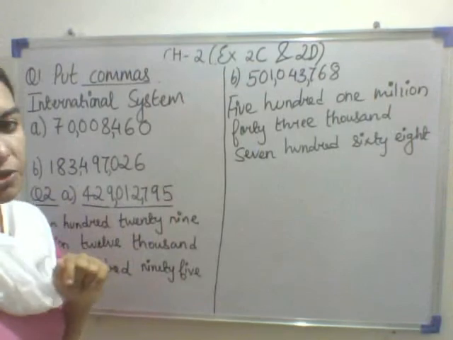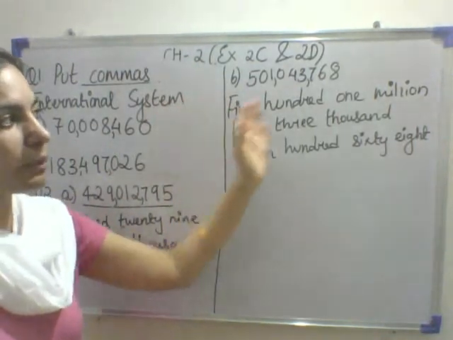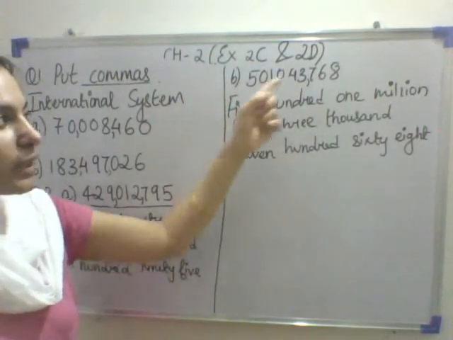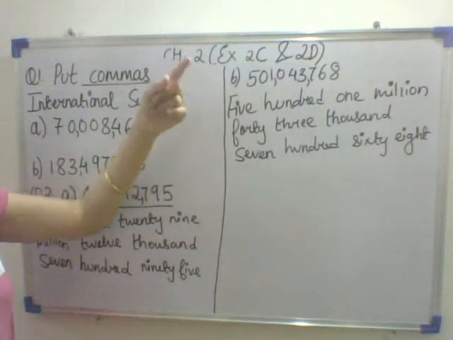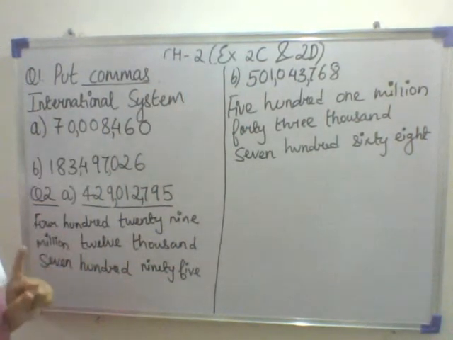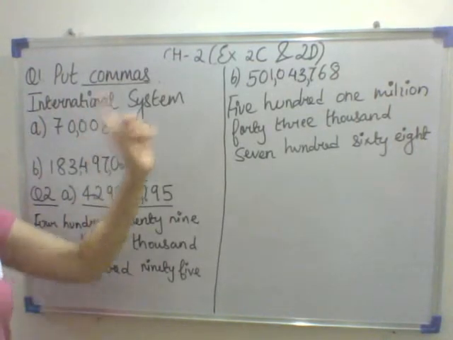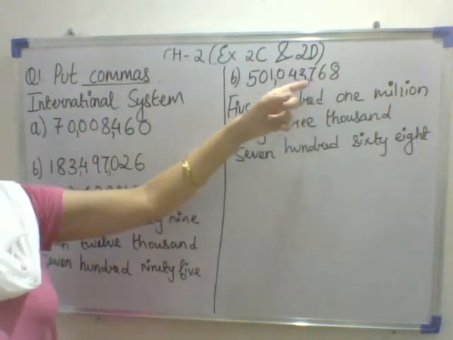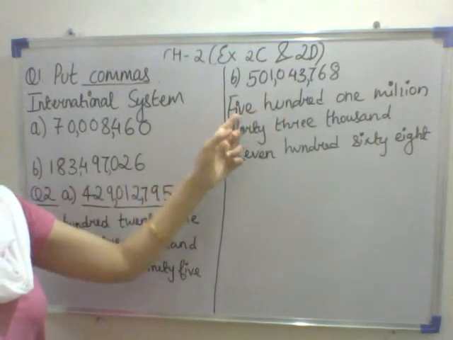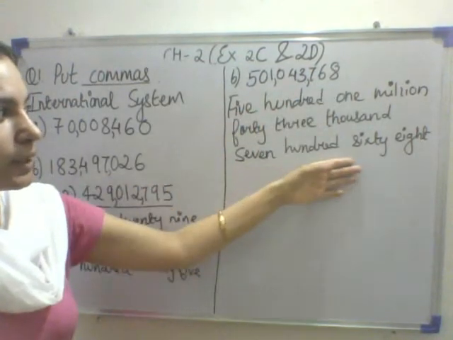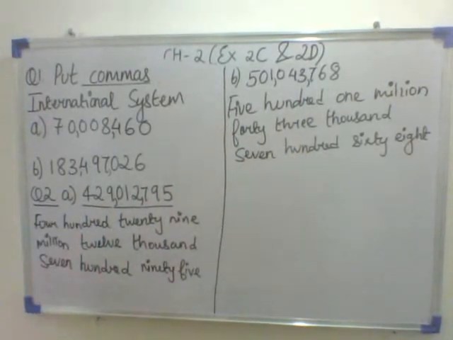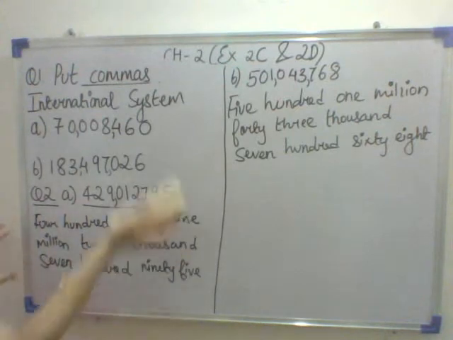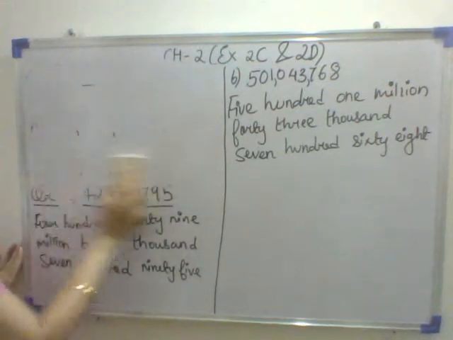You can write the number first in the place value chart that I discussed in my previous video uploaded on the Friday, and then write it in words in the international system. The next question that I gave was the rounding of the number to the nearest 10,000.